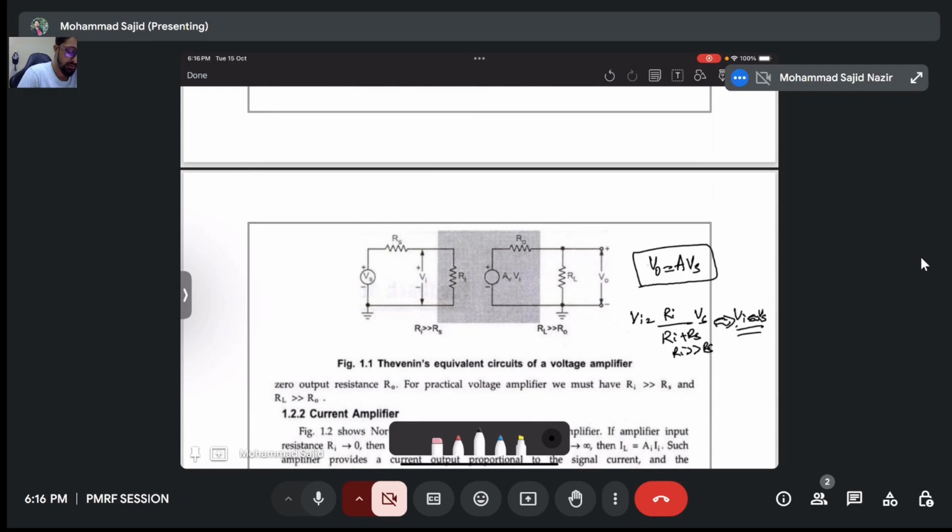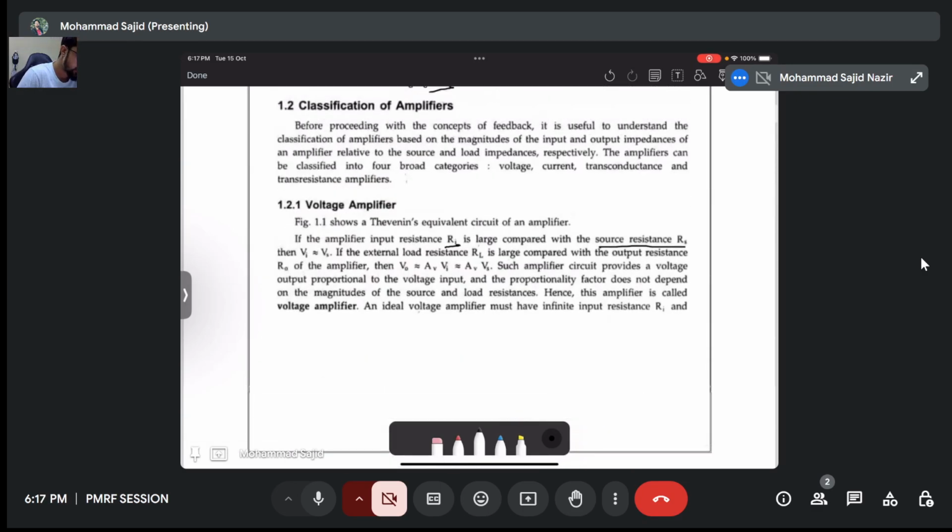Similarly, at the output, V0 will be RL divided by RL plus R0 times AVi. And if RL is very much greater than R0, then it will be simply AVi, and Vi is Vs, so V0 is equal to AVs. So that's what is written here.